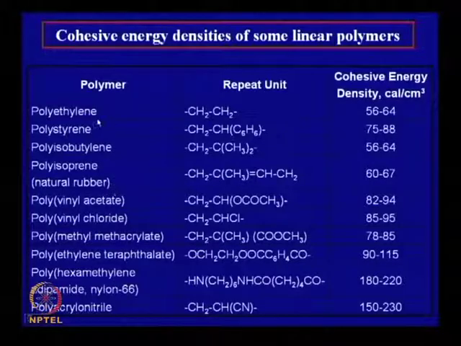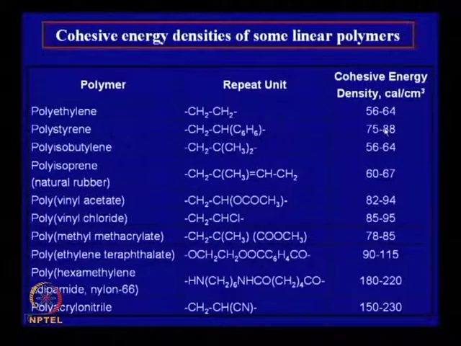This way, if you move from polyethylene to different other polymers, and look into the structures and their configurations and the atoms present over there, then you can correlate their cohesive energy density.